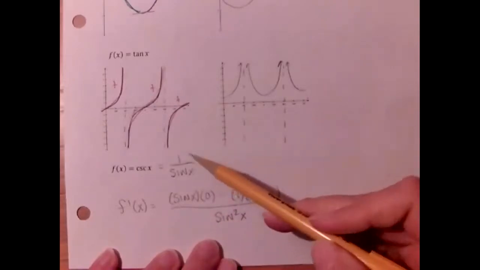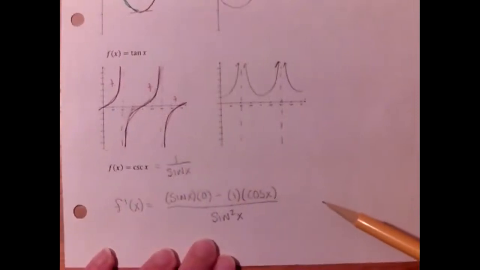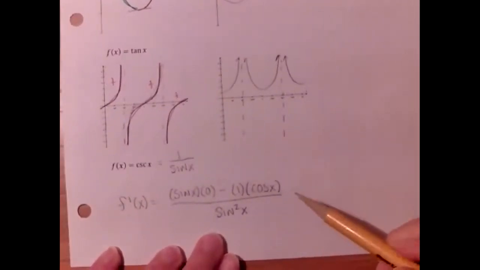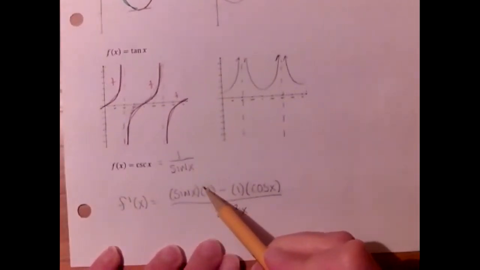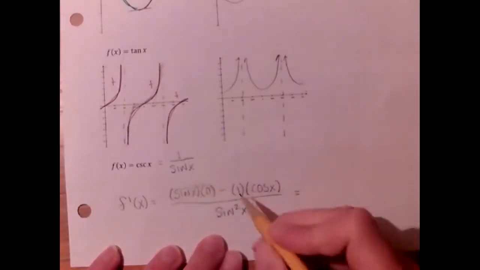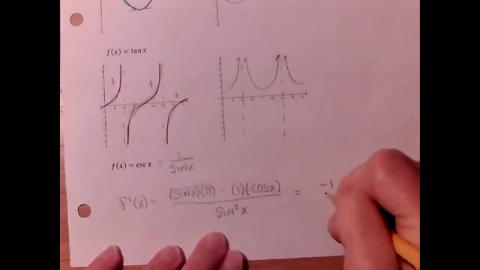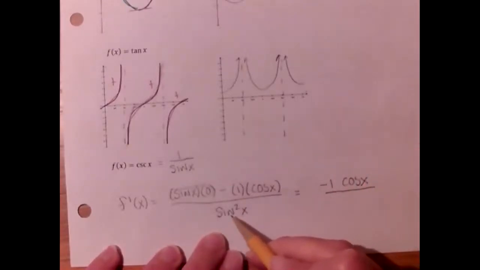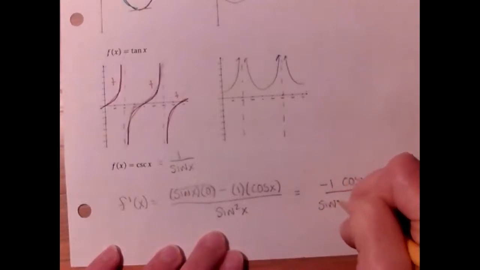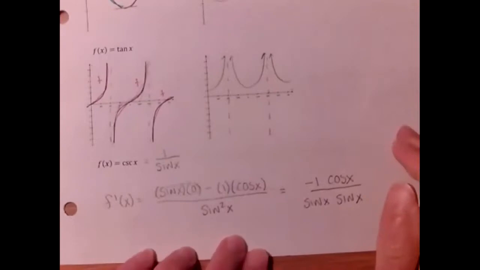Like I said, we're going to review quotient rule, product rule, and chain rule as we do all of the trig functions as well. So you're going to get plenty more practice with that. Now this first entire part is going to go to 0, so that's gone. We're left with negative 1 cosine of x over, now this is sine squared, so I'm just going to go ahead and write sine twice. That's what sine squared means.